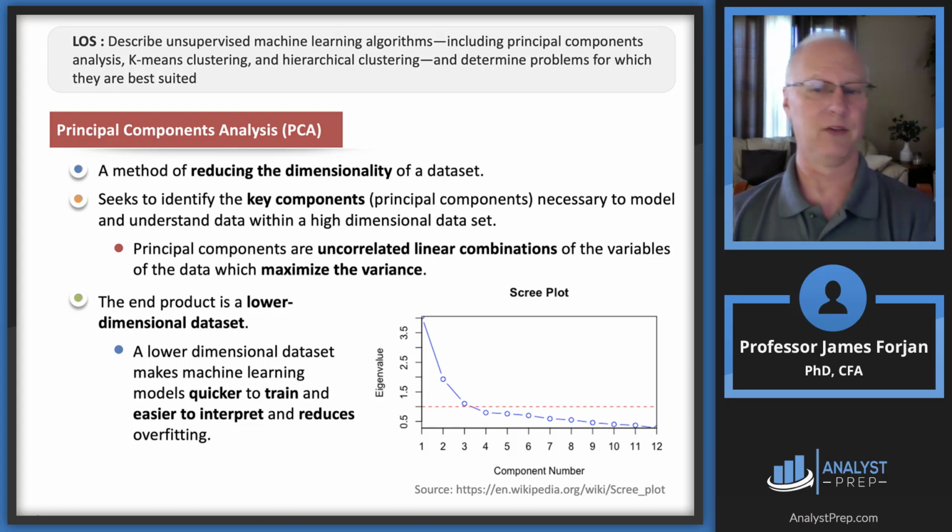And I don't think it would be a problem if you viewed this graph almost like the graph of systematic and unsystematic risk and the value of diversification, right? Along the horizontal axis, we have the number of stocks in the portfolio, and standard deviation falls. All right, so this is what we're trying to do. Same thing here, we're trying to reduce that eigenvalue to some manageable number, right?